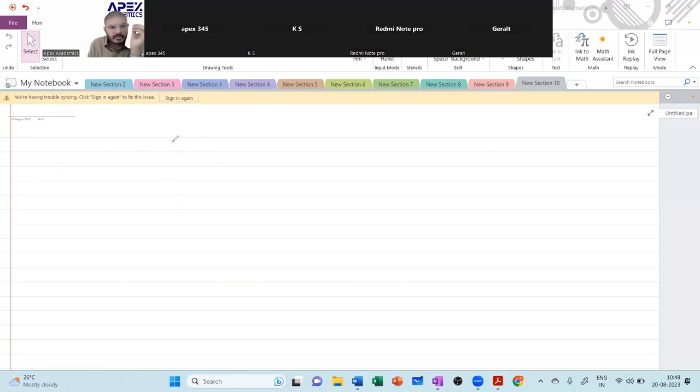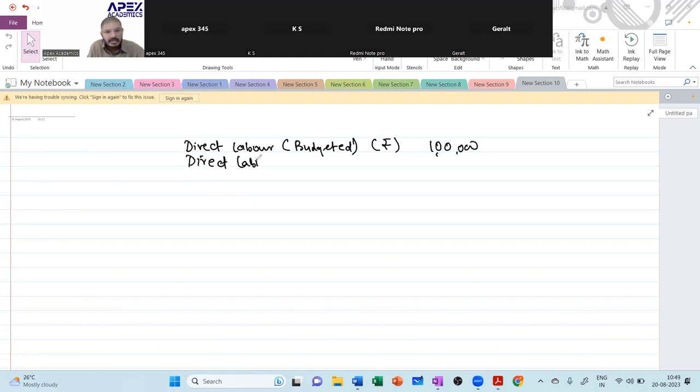For example, if I was to say that direct labor budgeted in rupees is equal to 100,000 and direct labor rate per hour is equal to rupees 100 per hour, can you arrive at the total number of direct labor hours?